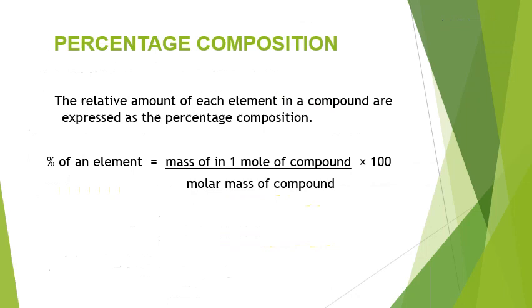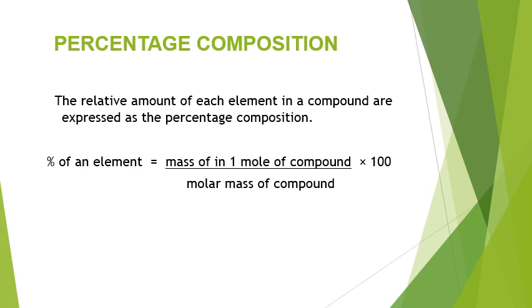Okay. Now here the concept explained is percentage composition. Now how to define it? The relative amount of each element in a compound is expressed as the percentage composition. You have to calculate the percentage of each and every element in the given formula.